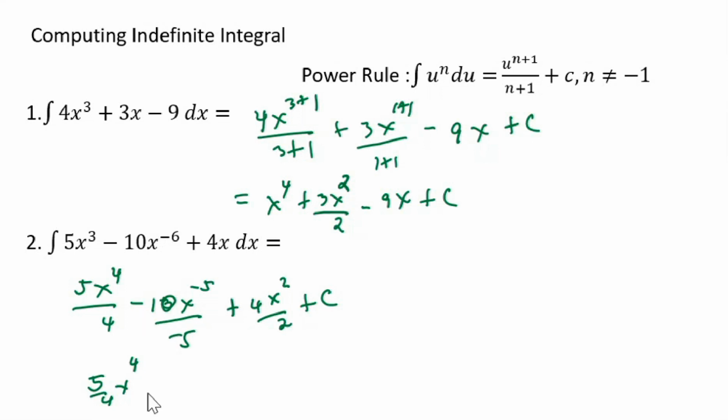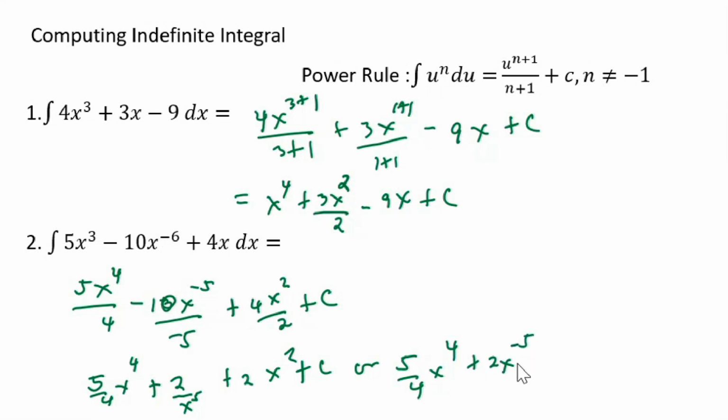Negative 10 divided by negative 5 will give you positive 2 over x raised to 5, plus 2x squared plus a constant. Or you can write it in this form also, as 5 over 4 x raised to 4 plus 2x raised to negative 5 plus 2x squared plus a constant.